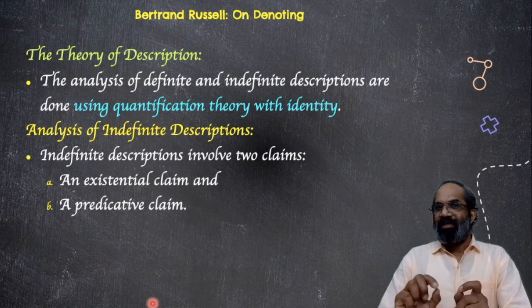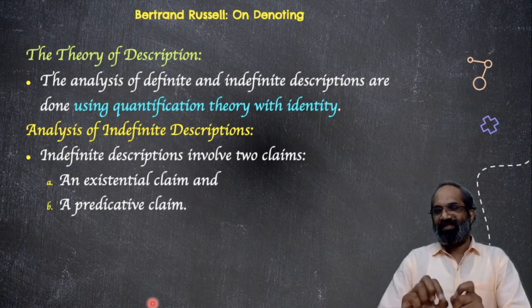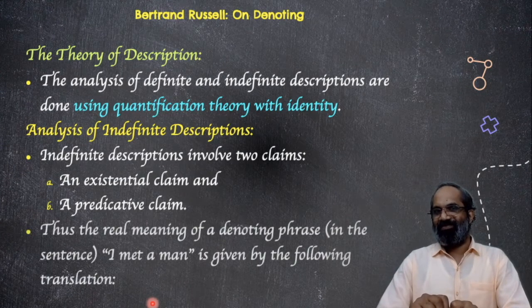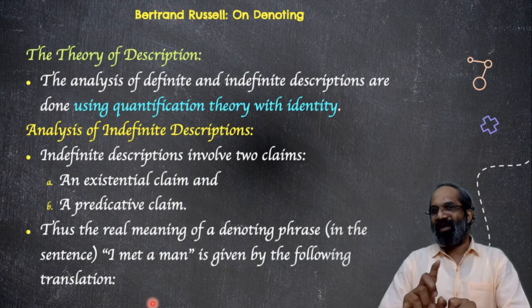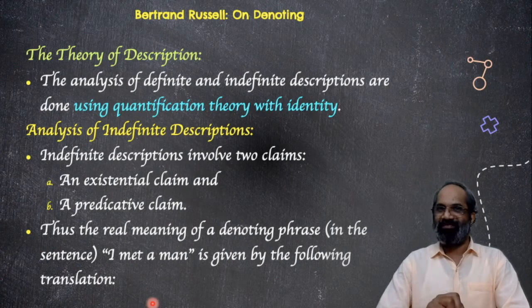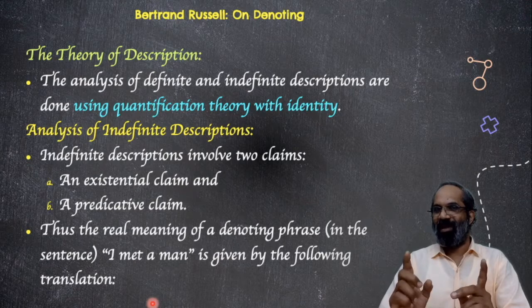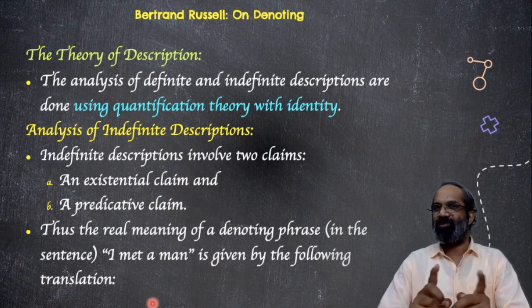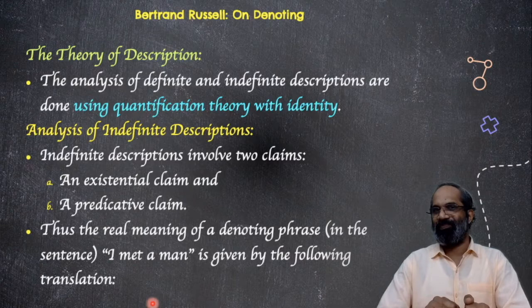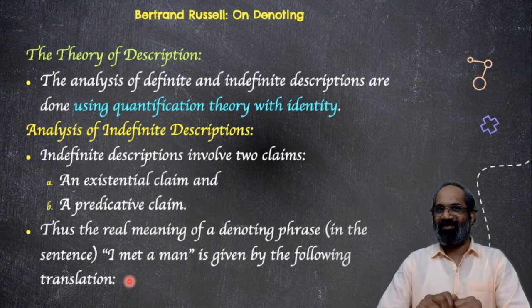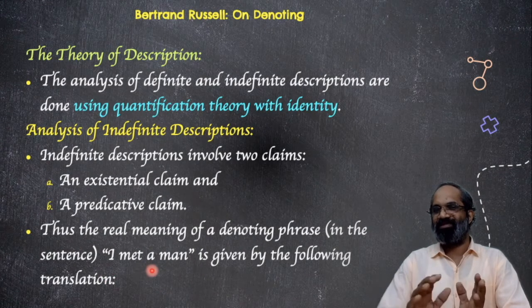For example, take the sentence, I met a man. We have seen "a man" as denoting ambiguously. In the ways of denoting, we saw that "a man" is a denoting phrase which denotes ambiguously. Now the statement "I met a man" is an indefinite description because "a man" is indefinite.